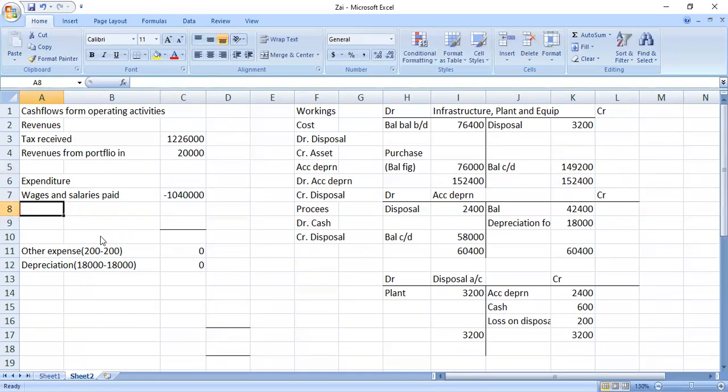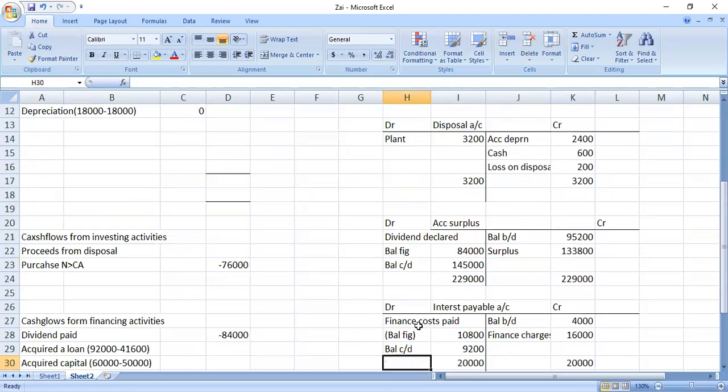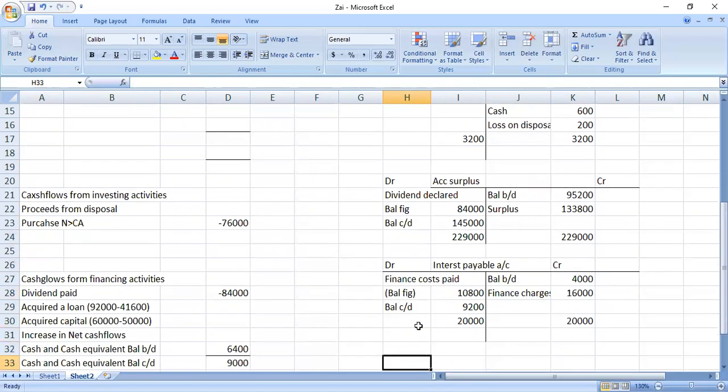Then the next line we have supplies consumed. I was saying these are the same as purchases, and purchases are affected by what you call the creditors account or payables account. So you're supposed to do the T account for payables, pass the balances and bring the supplies consumed. So you come and say, my T account. You can read all these others.